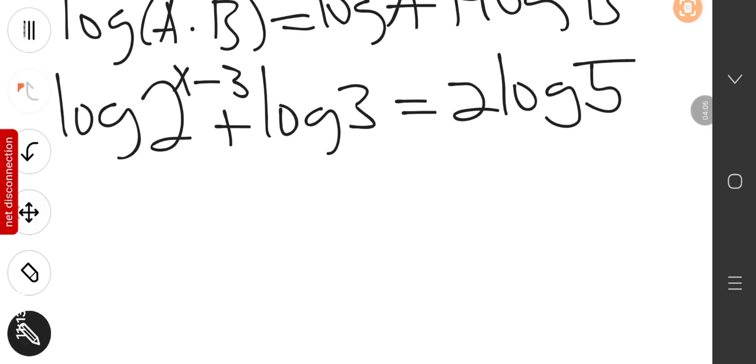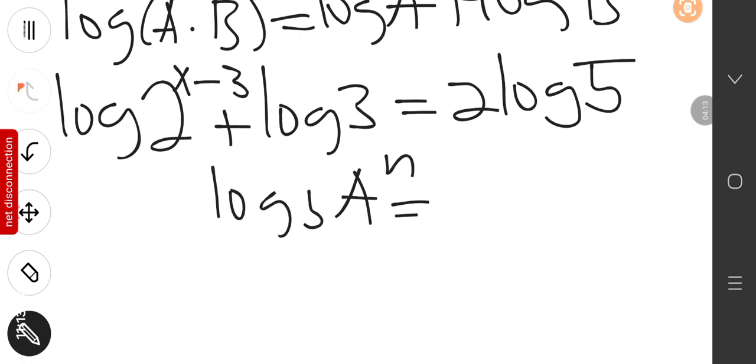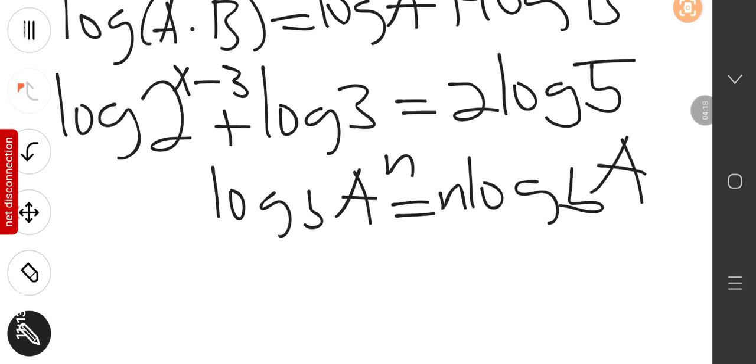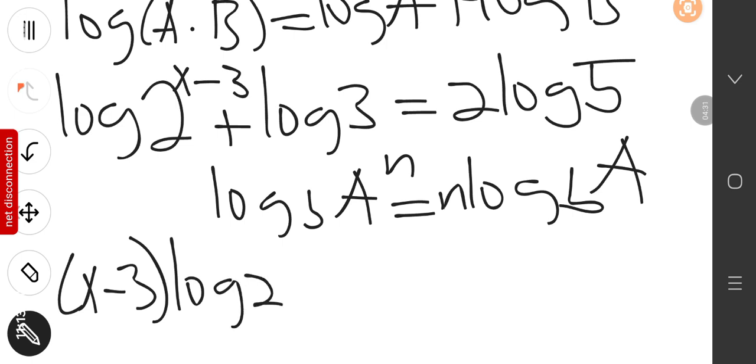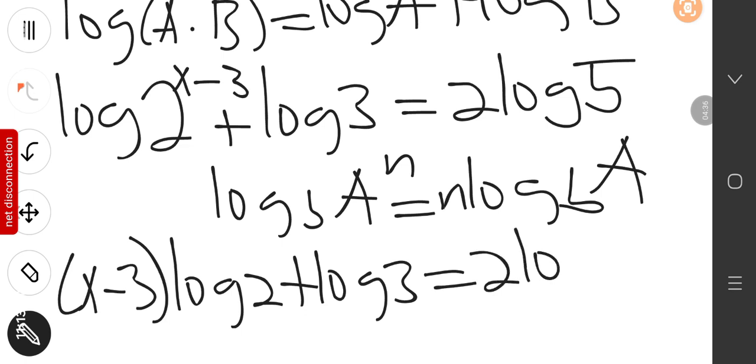Here you're going to apply the logarithm definition. So we say log a exponent n base b is the same as n log a base b. So our equation becomes x minus 3 times log 2, plus log 3 equals 2 log 5.